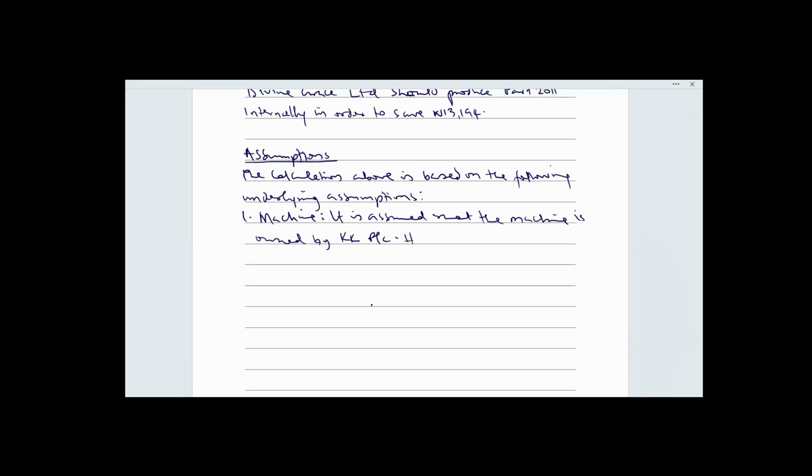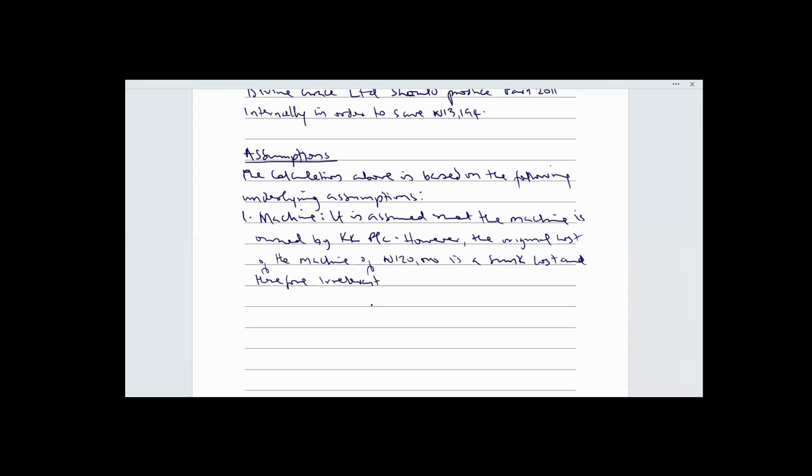However, the original cost of the machine of 120,000 naira is a sunk cost and therefore irrelevant.